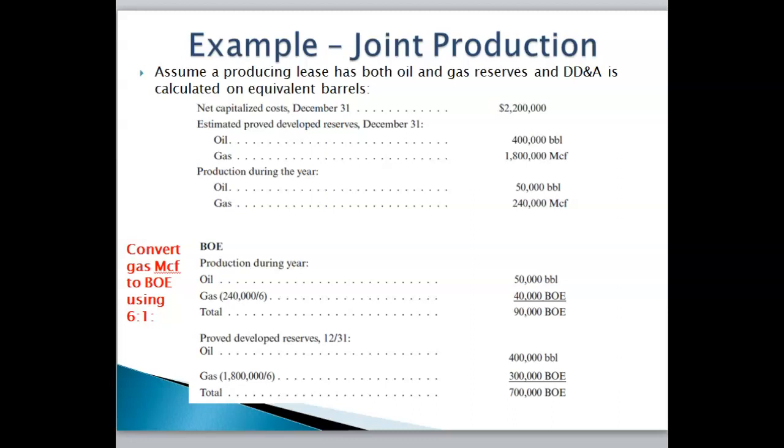On our reserves, we have oil of 400,000 barrels. We're going to take our gas of 1,800,000 divided by 6 to calculate 300,000, and we're going to add those together to get 700,000 barrels of oil equivalent. So we're going to use these numbers in our DD&A calculation.